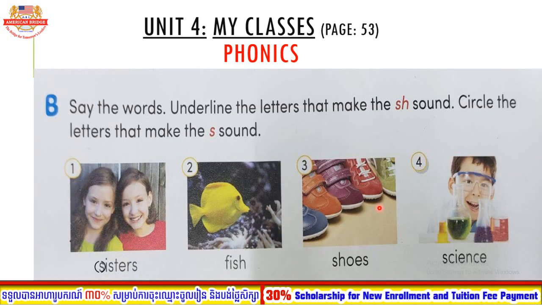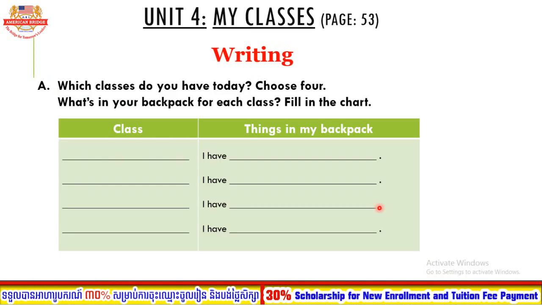Let's move to the other point. Writing. Okay, based on the course book. Writing here, they want you to choose 4 subjects because they ask you, which classes do you have today?